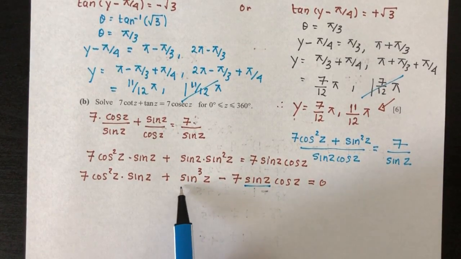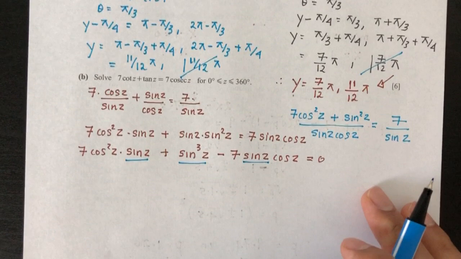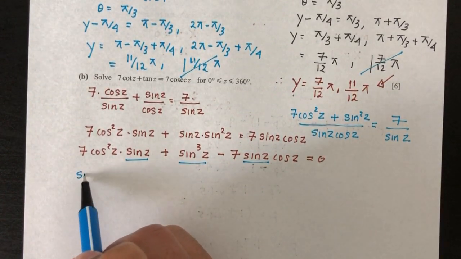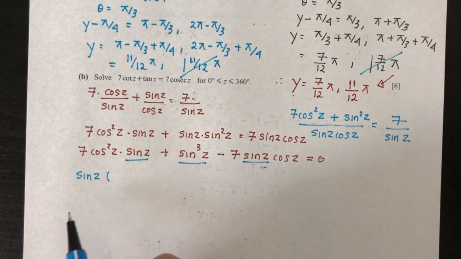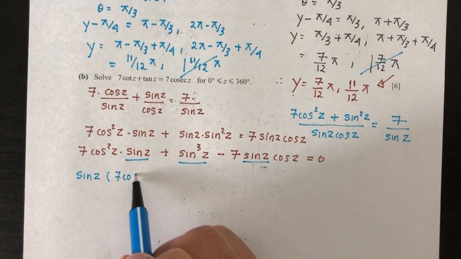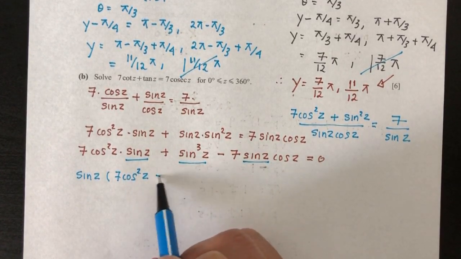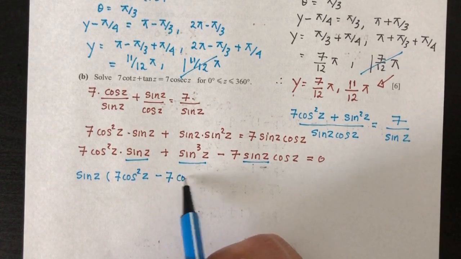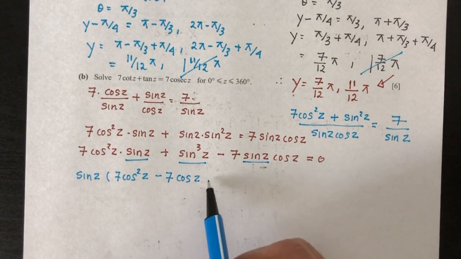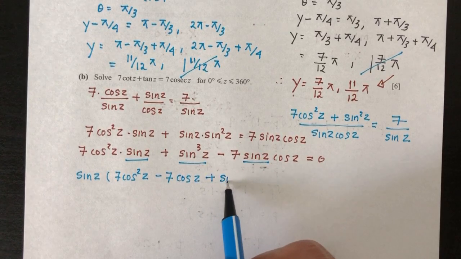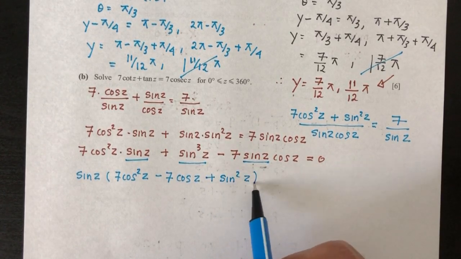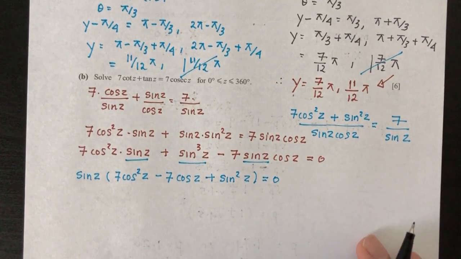We have sin here, sin here, sin here. We can factorize it out. You'll have sin z times 7 cos square z minus 7 cos z plus sin square z equal to 0.